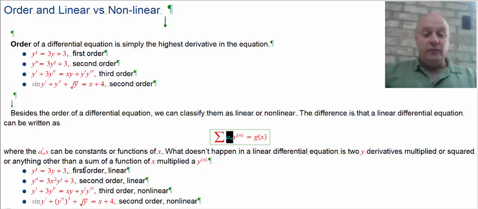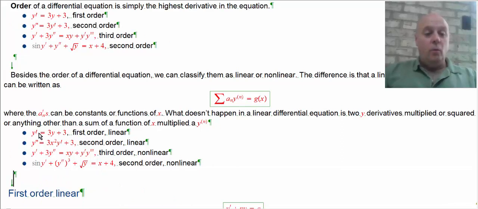Let's take a look at this first example. We said it was first order up here, but now I've got y prime equals 3y plus 3. It's linear because I can move that 3y over to the other side, and now I've got 1 times y prime minus 3 times y.